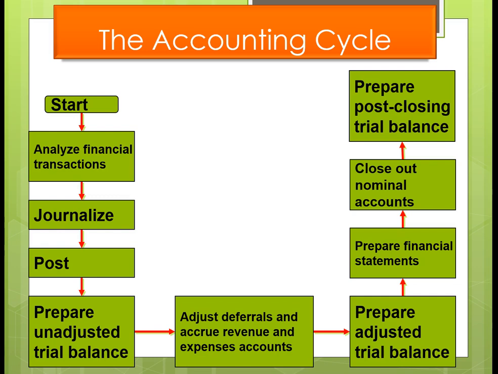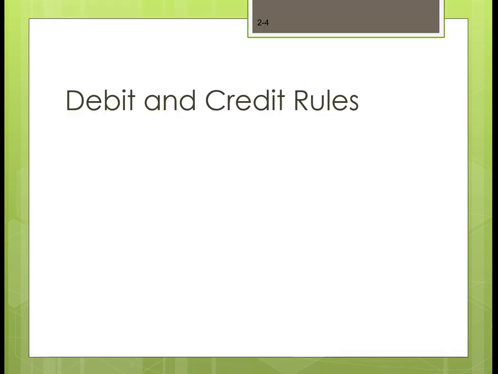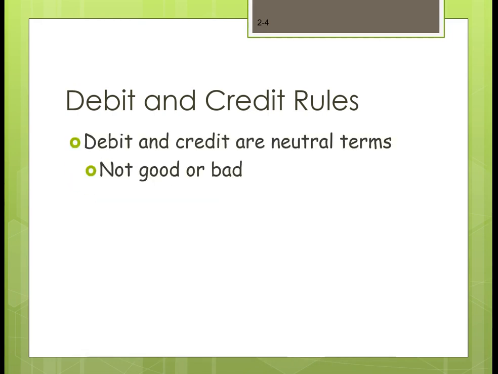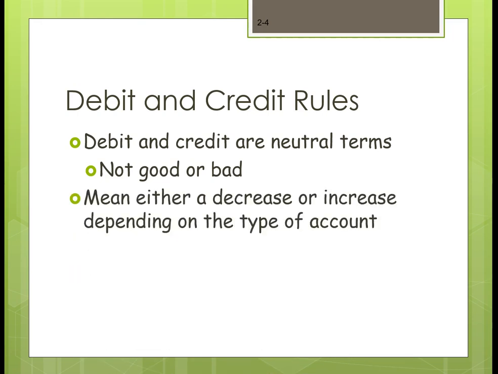Now, let's take a look at the rules for debits and credits. Debit and credit are neutral terms, not good or bad, and mean either a decrease or increase depending on the type of account and where it is on the accounting formula. Now we'll take a look at exactly how that works.